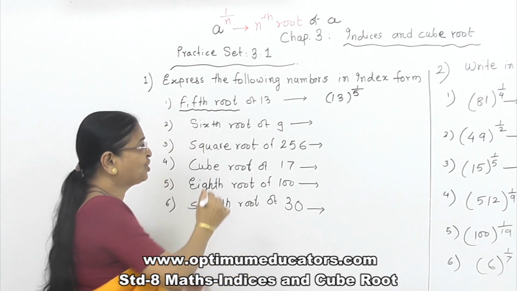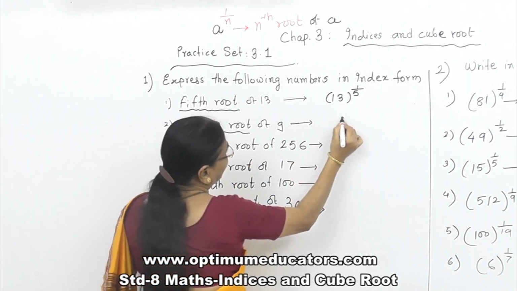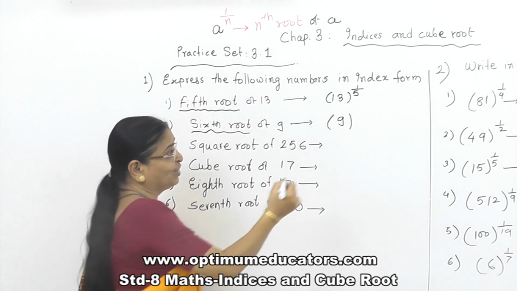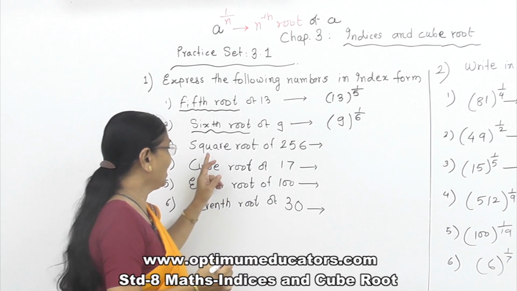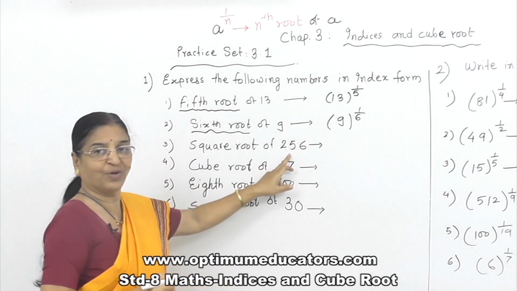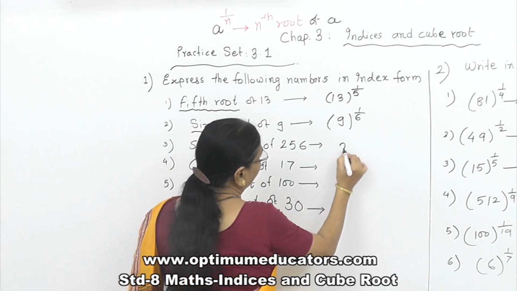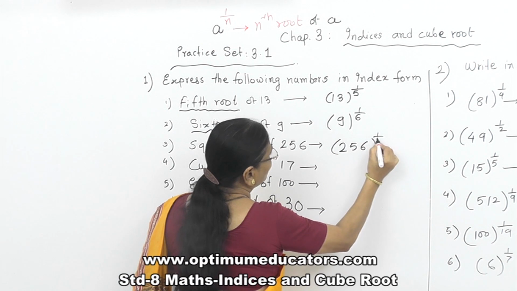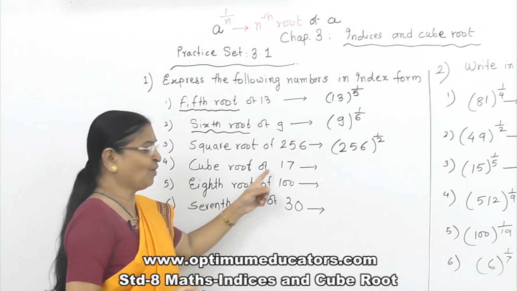Next, sixth root, here also, of 9. So I will write here 9 raised to 1 upon 6. Okay. Square root of 256. Square is a special number having index 2. So 256 raised to 1 upon 2. Then cube root of 17.